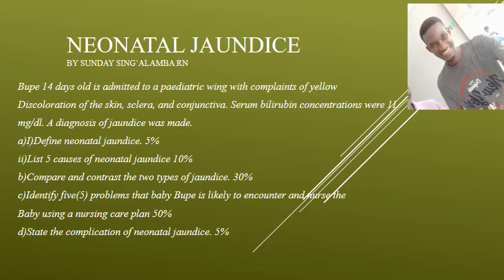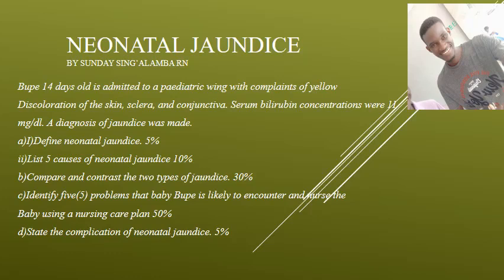So question A1 is saying define neonatal jaundice. In my definition, neonatal jaundice is a condition in which there is a yellowish discoloration of the skin, the sclera, and the conjunctiva due to excessive deposition of unconjugated bilirubin.